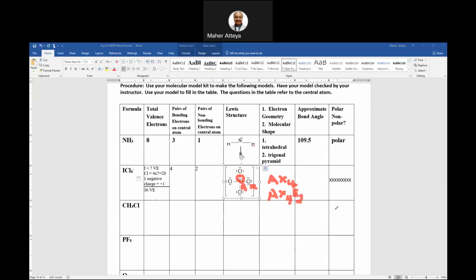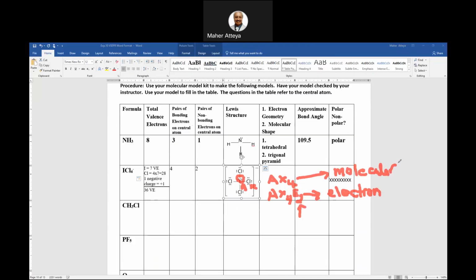So this is for the electron geometry, because you have to include this electron. For the molecular one, you have to exclude, take out the lone pair.